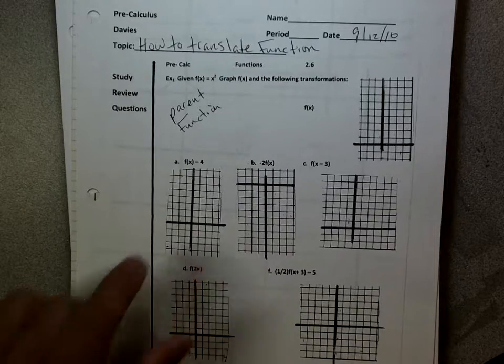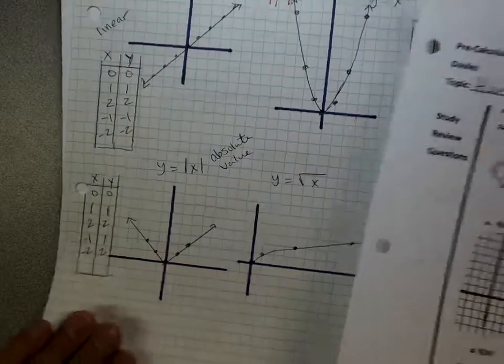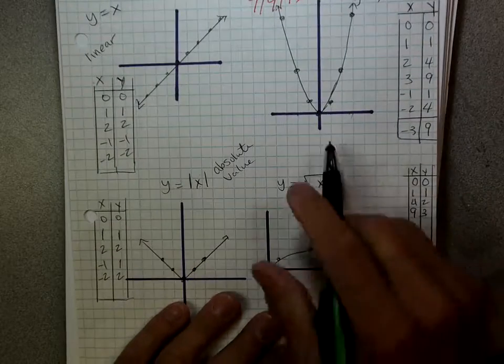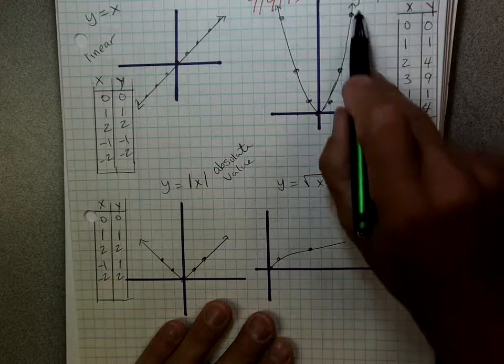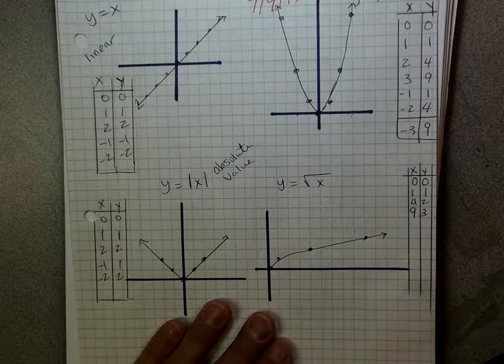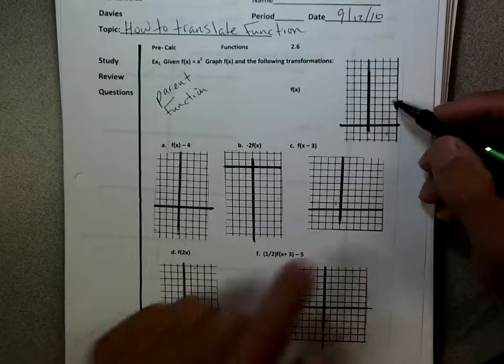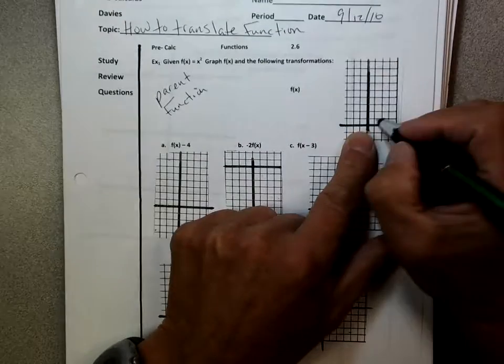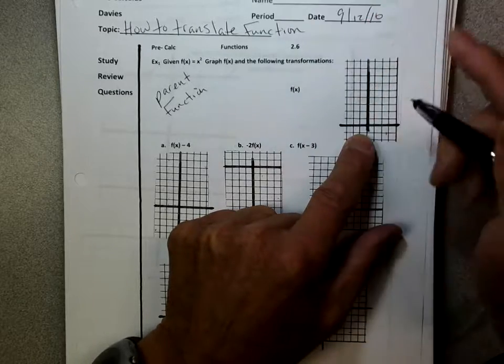Now we move it. If f of x equals x squared, we were looking at that on Friday, and it's just the parabola. Remember how we did 1, 1, 2, 4, 3, 9, because those are 1 squared, 2 squared, 3 squared. We know the vertex is at 0, 0. And we're just going to put the parent function here.